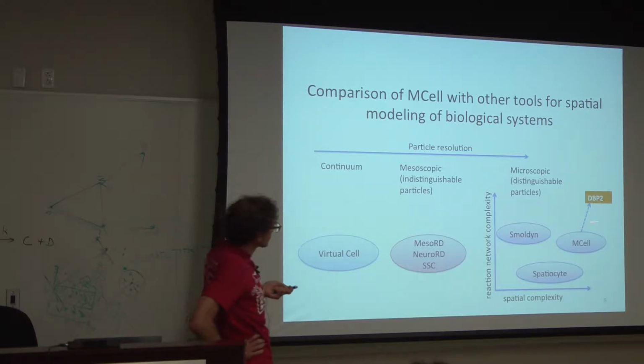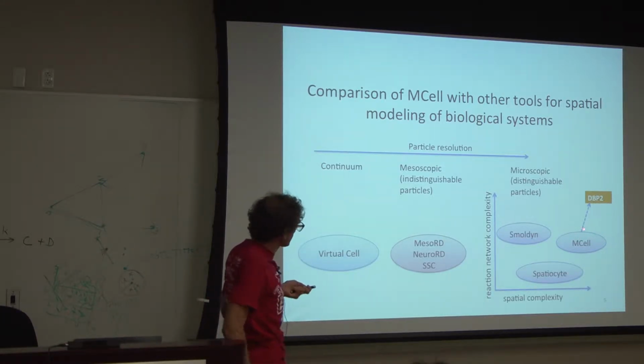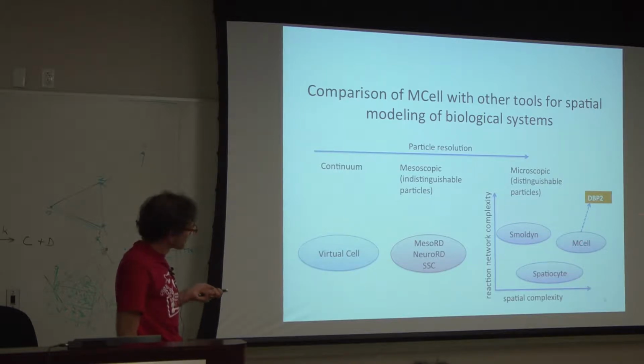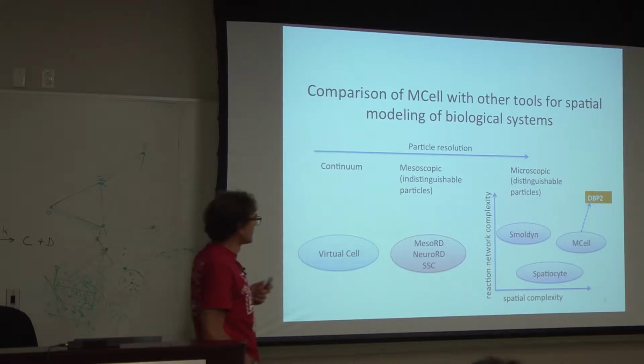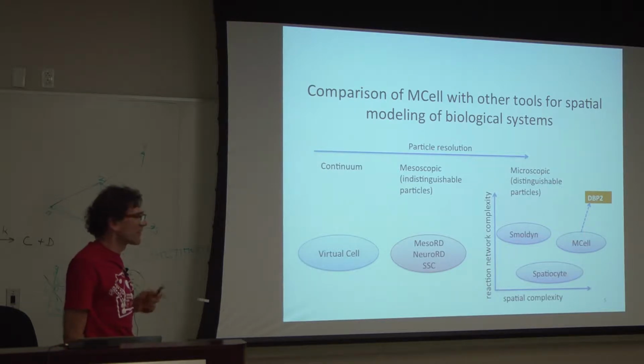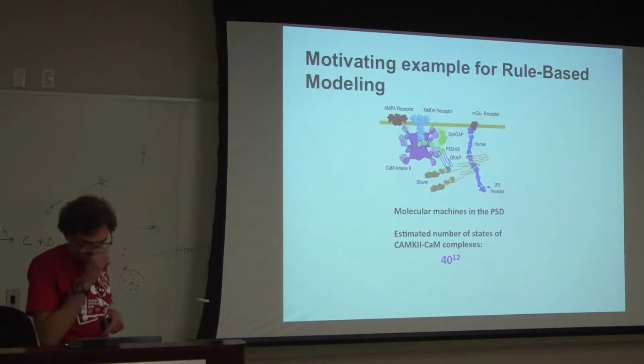What we're trying to do in our development of M-cell as part of this project is really to increase the ability to handle not only the spatial complexity within M-cell, but also the different levels of molecular complexity that can be represented. And we'll see some examples of when this becomes a really challenging problem in the next slide.